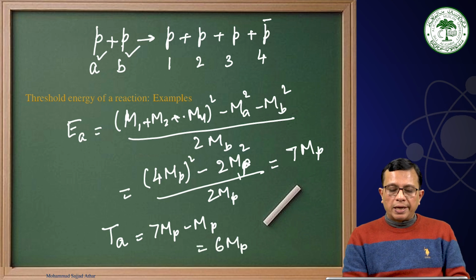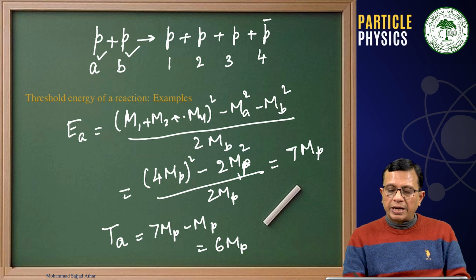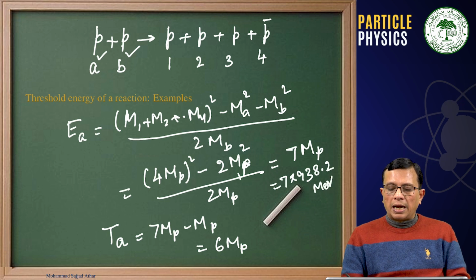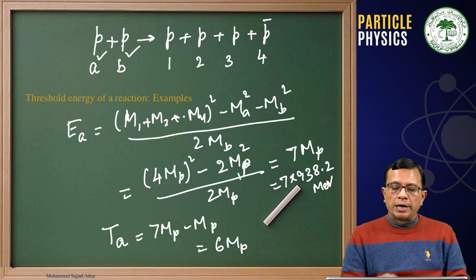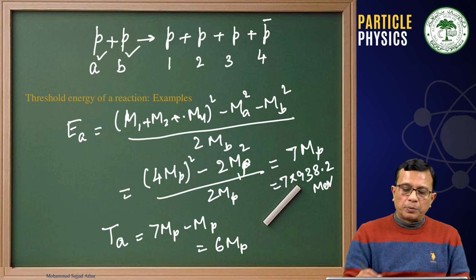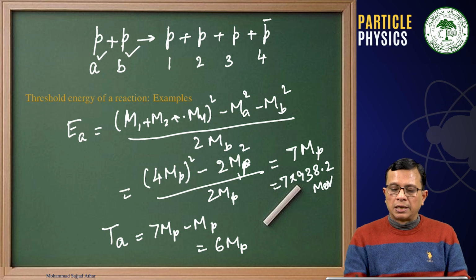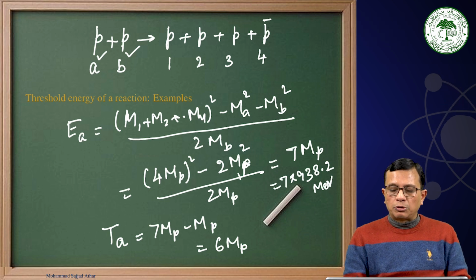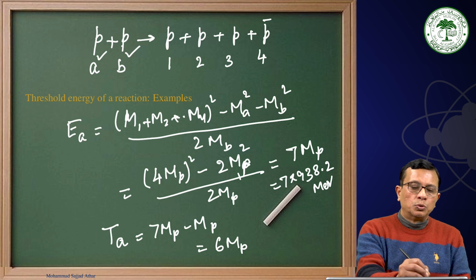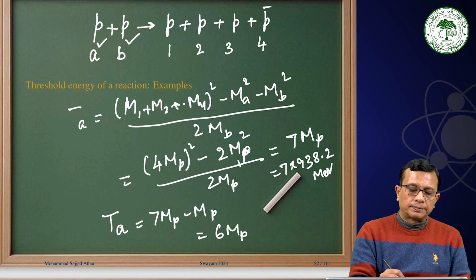Therefore, the energy of the projectile A should be 7 MP. 7 MP means 7 into 938.2 MeV. And that will be the minimum energy required to have 3 protons and 1 antiproton in the final state. Therefore, the threshold energy for the reaction is 7 into 938.2 MeV.